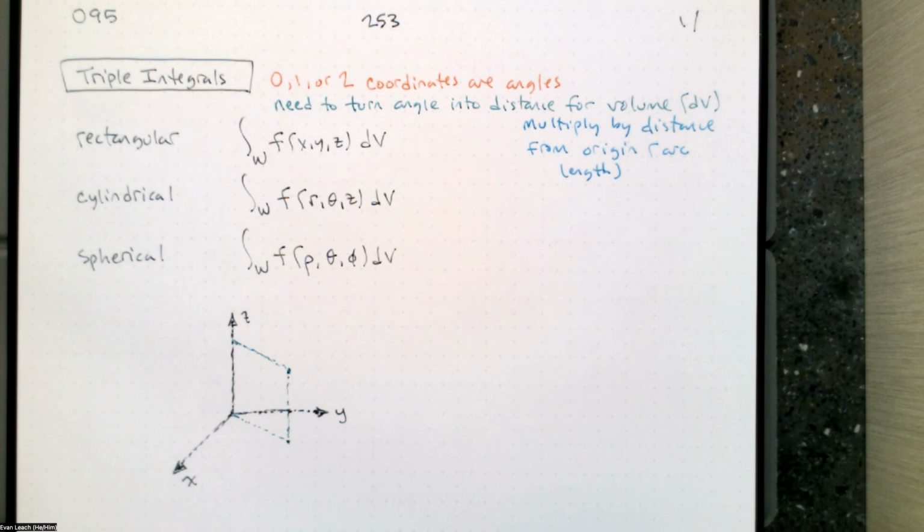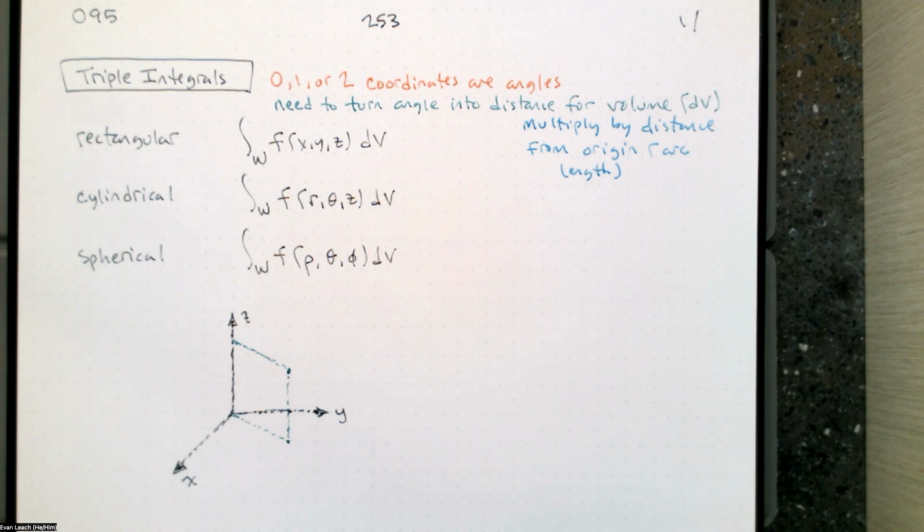What that required was that we have an extra factor turning our angle into a distance so that we could calculate area. The same thing happens in a triple integral, where we convert one or two of our coordinates to angles.